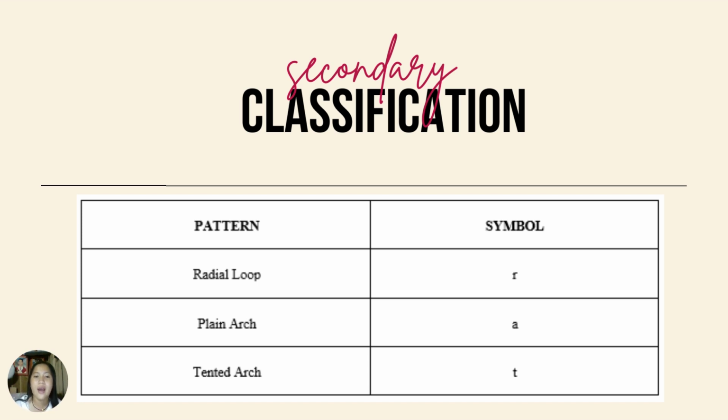However, there is an exemption, which is the index finger. Whatever pattern is in the index finger, we write its symbol, and it should be written in capital letter, unlike the symbols for rat, which are written in small letters.